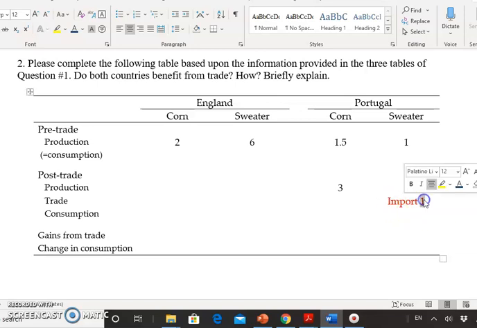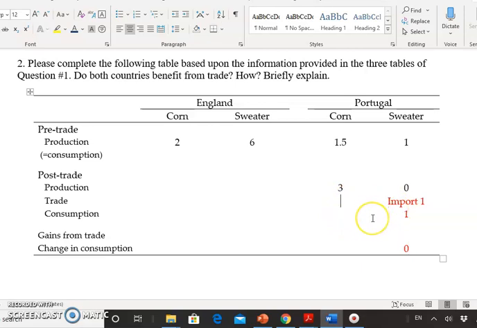And we use the number one because they used to produce one, so they used to have one sweater to consume. Let's keep the sweater consumption the same as before. So they produce 0, but they get 1 from England, so their consumption would be 1. The change in sweater consumption would be 0. It doesn't make any difference for their sweater consumption, right?